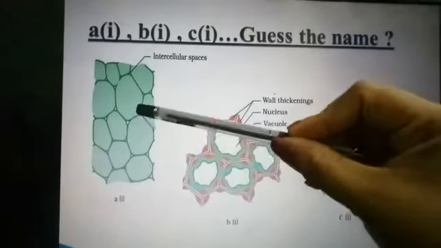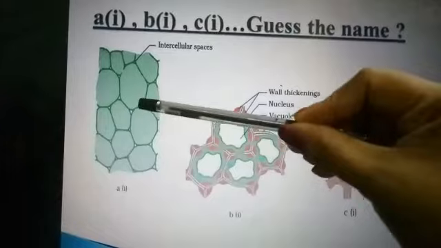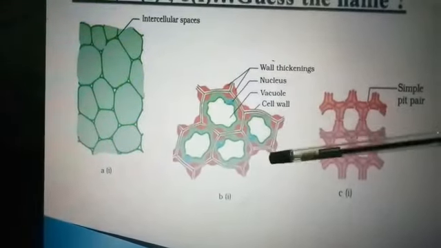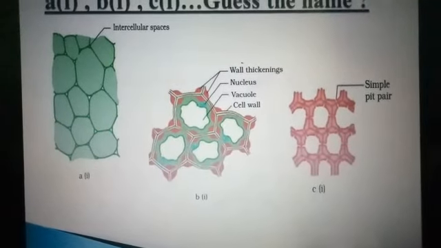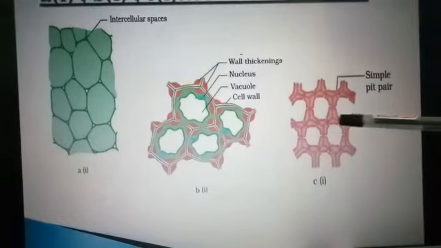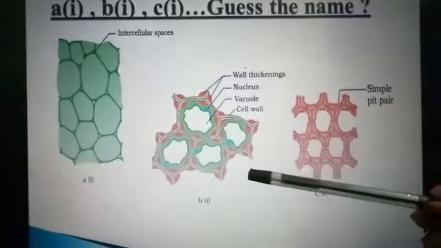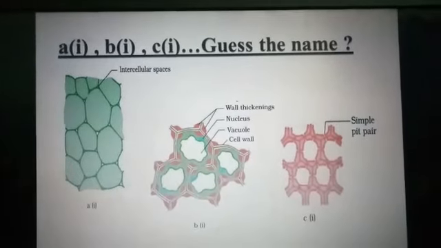Look here, these boundaries, single boundary, thin boundary, thin cell wall, and here the cell wall is thick, and these red colors are thickening. Red color thickening is only at corners, and here overall the whole wall is thick. So first one is parenchyma, second one is collenchyma, and third one is sclerenchyma. Very good.